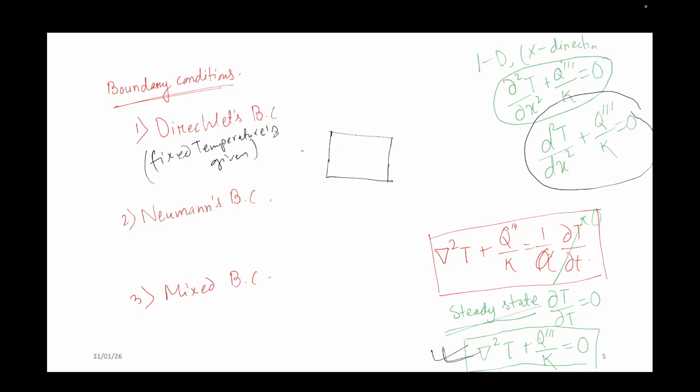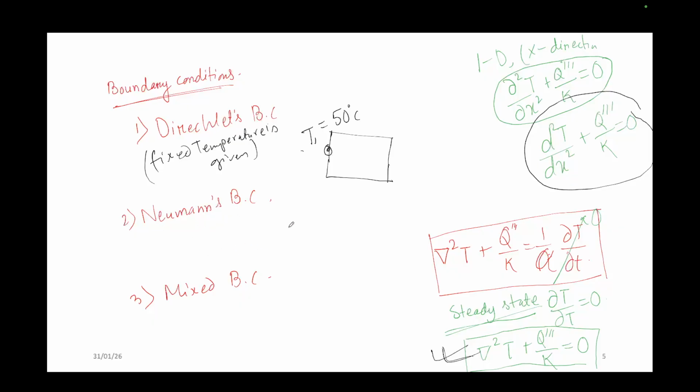So this boundary condition basically means on this wall you know the temperature. Say this temperature is given as 50 degrees C. That type of boundary condition is known as Dirichlet boundary condition.